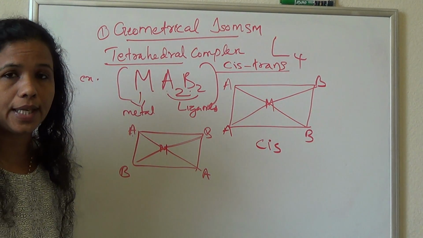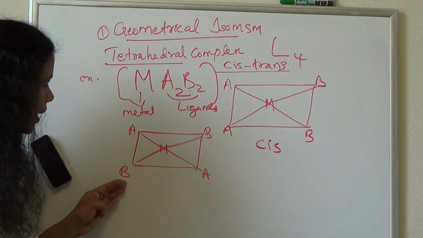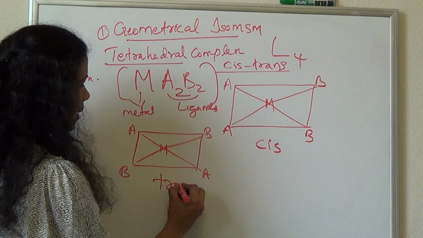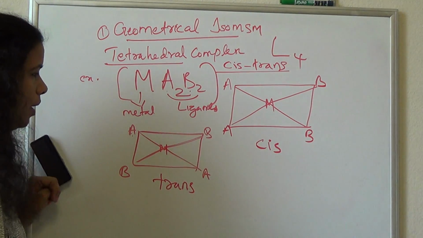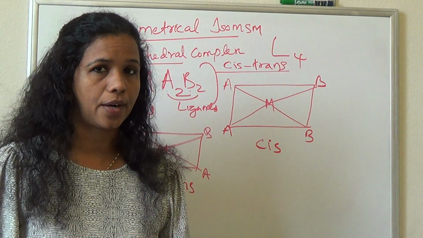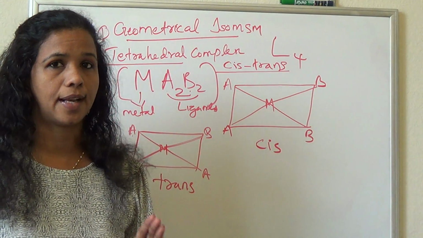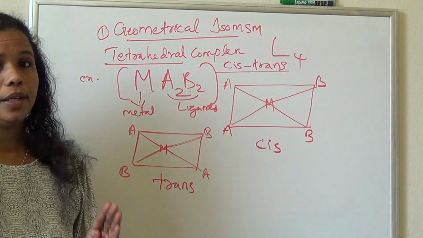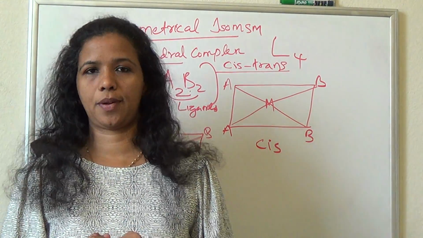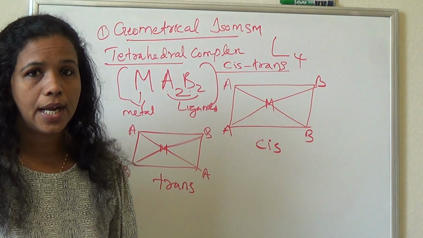They are not on the same side. So that is called a trans isomer. If the same type of ligands are on the same side of the square planar complexes, that is called a cis isomer. If the same type of ligands are on different sides of the complex, it is called a trans isomer.